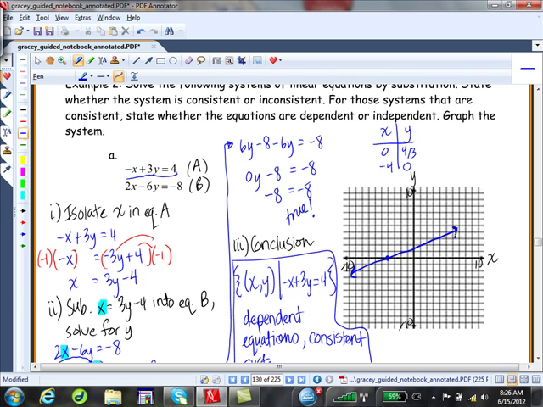Alrighty, and then graphing this guy by intercepts. Do you see that x and y? So if x is 0, I'm coming over here. Do you see y would be -8 over -6, which reduces to 4/3. And if y is 0, x is going to be -4. What do you know?